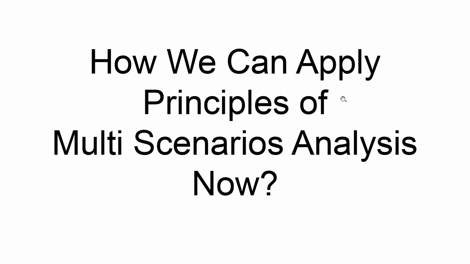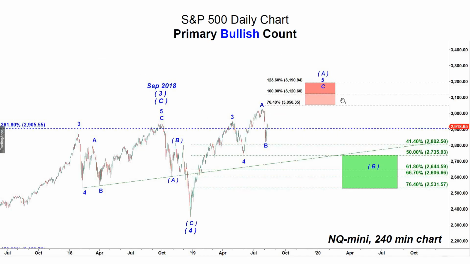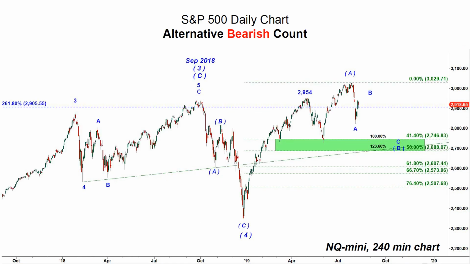Now, you can say how we can apply principles of multi-scenarios analysis now. Let's come back to those two charts I showed you at the beginning of the video. The bullish count for S&P 500 and alternative bearish count. As I said, on Tuesday early morning before open, I showed two counts and I said even under the bearish scenario, we should get micro ABC of the low made on Monday night.